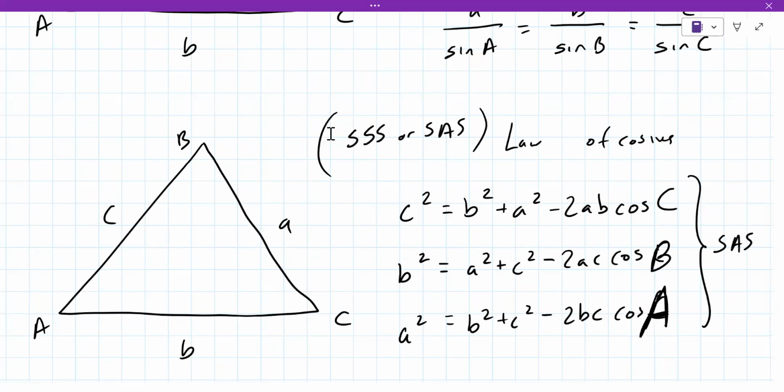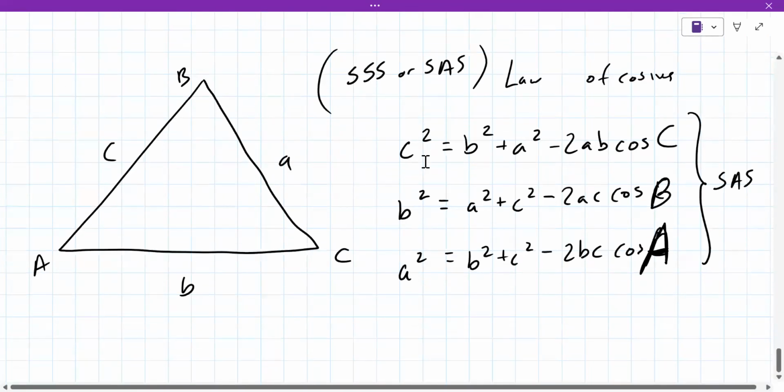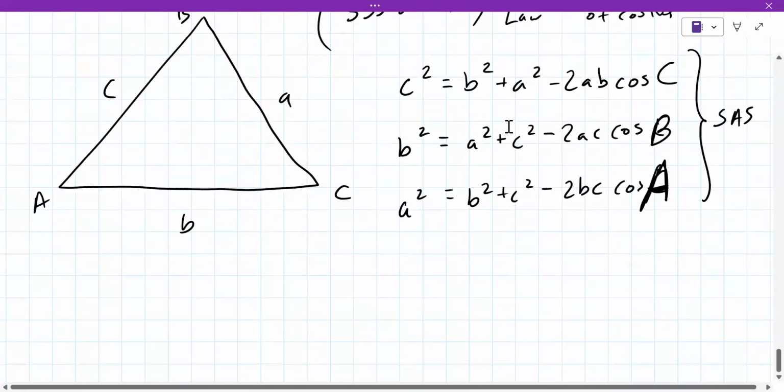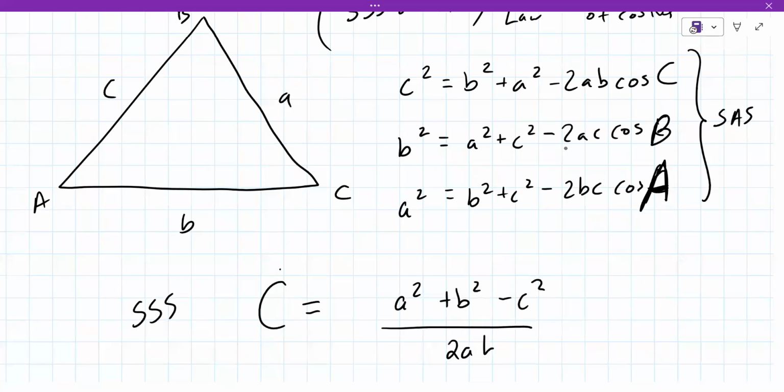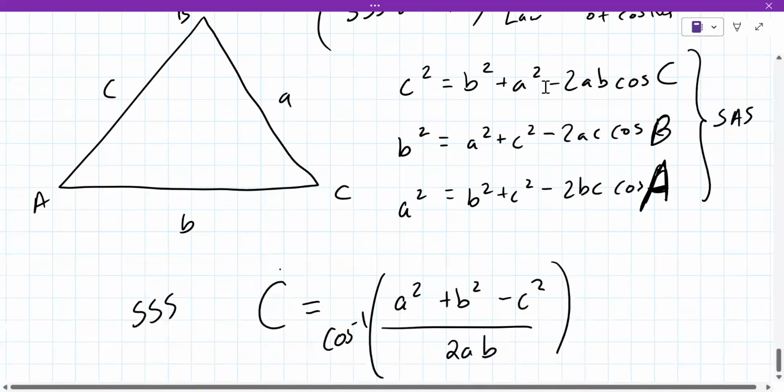And then do you need more pages? Yes, but let me just follow up by saying sometimes students have this already solved for big angle C, and that's when you have side, side, side. So they'll have it like this where it's a squared plus b squared minus c squared over 2ab, cosine inverse. This is derived from the first one.